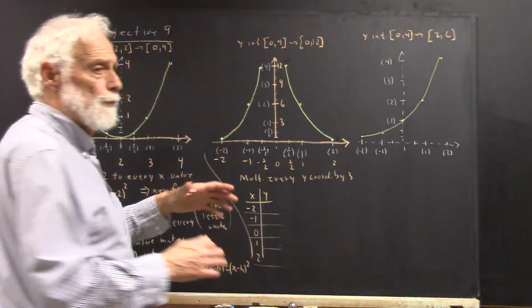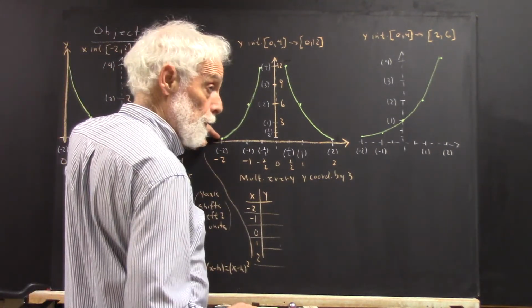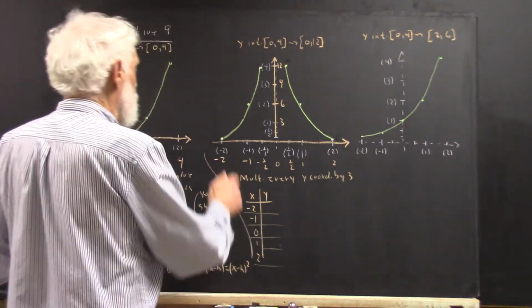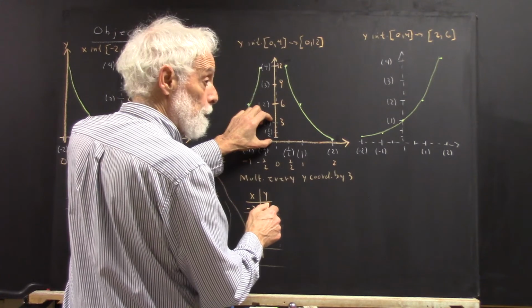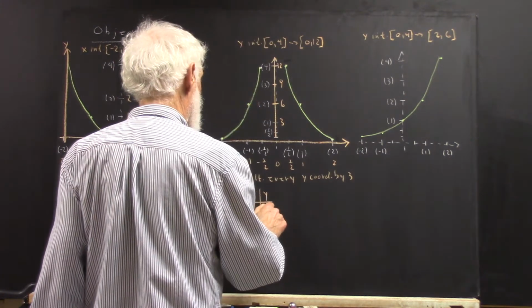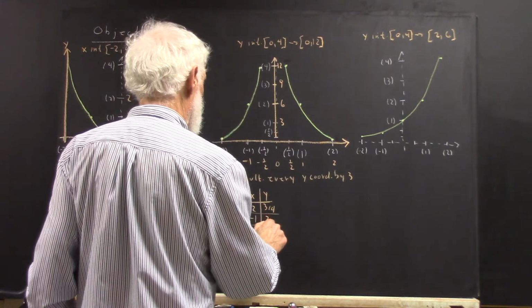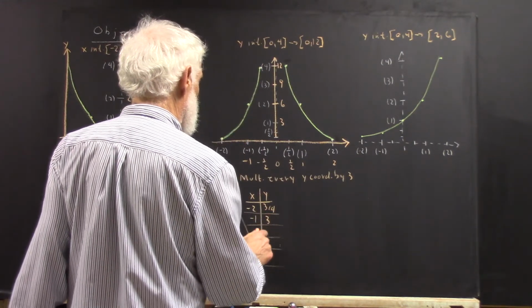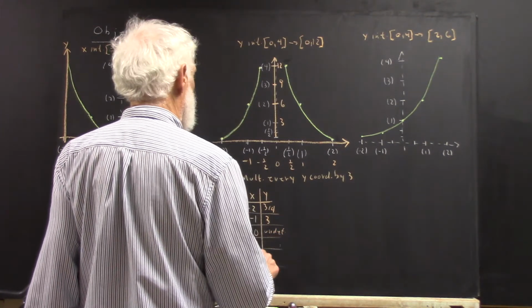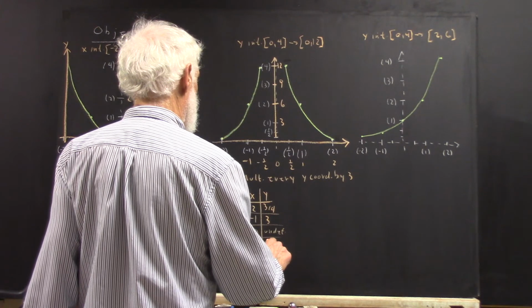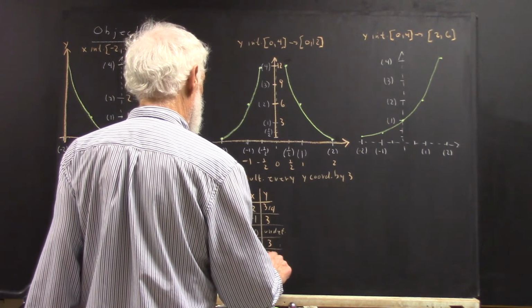Now we know, and of course we need to be familiar with these basic functions, that the y value here was 1/4, right? Now if we project over here, that's going to be 1/4 of 3, which is 3/4. Negative 1 is going to become 3. 0 is going to be undefined. The 1-2 point will be 3, and the 2-1 point will be 3/4.